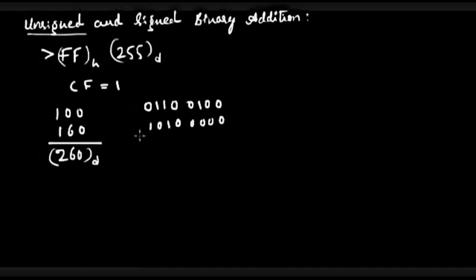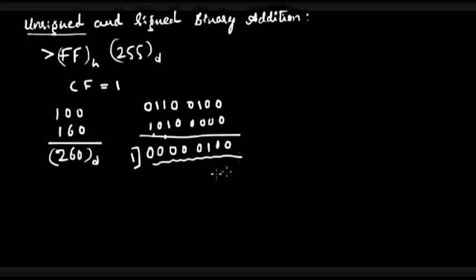When we add these two numbers, we will get 0 plus 0 is 0, 0 plus 0 is 0, 1 plus 0 is 1, 0, 0, 1 plus 1 is 0, carries 1, 1 plus 1 is 0, carries 1, 1 plus 1 is 0, and carry is 1.